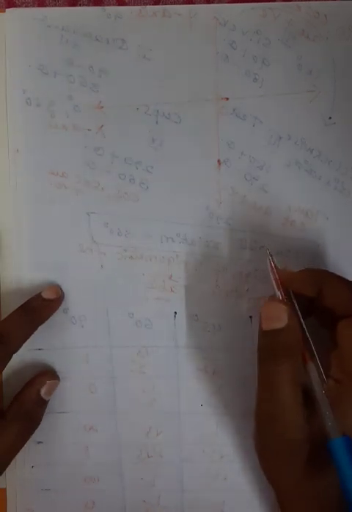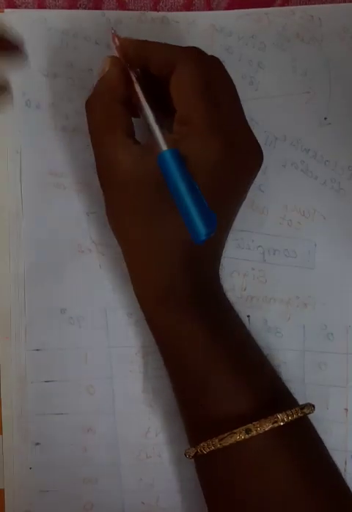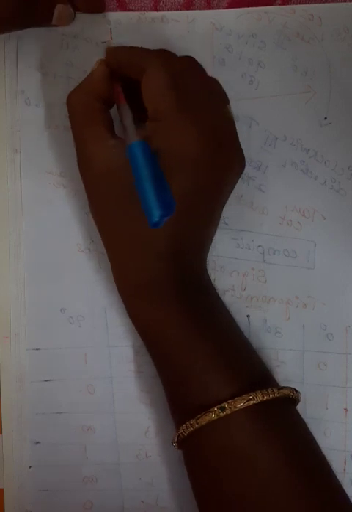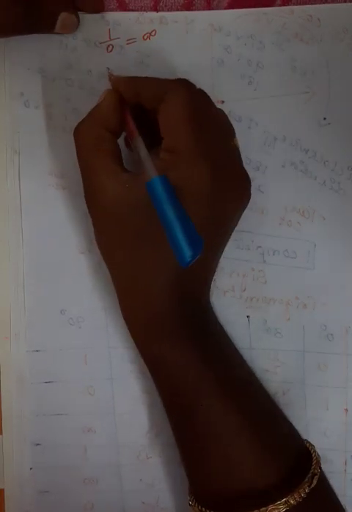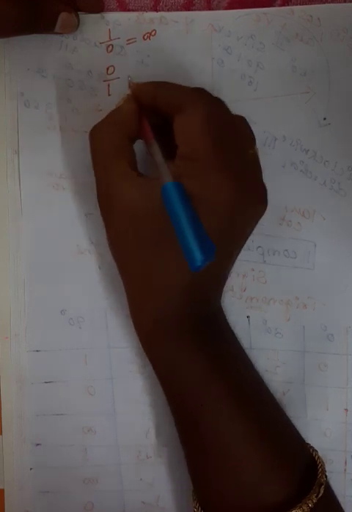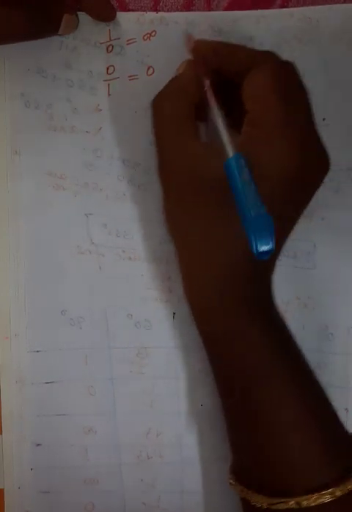Here you have to remember two things, that is 1 by 0 is equal to infinity, 0 by 1 is equal to 0.